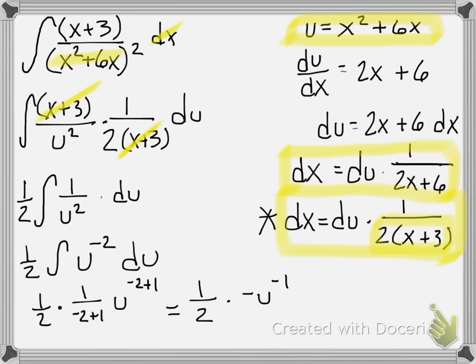And so that's going to leave us with 1 over 2 times, we're going to have a negative u over 1 plus our constant. So we just carry this over to the next screen so you can actually see it.